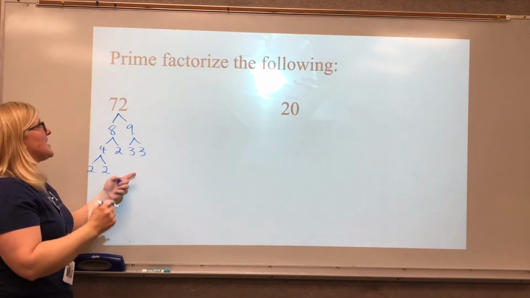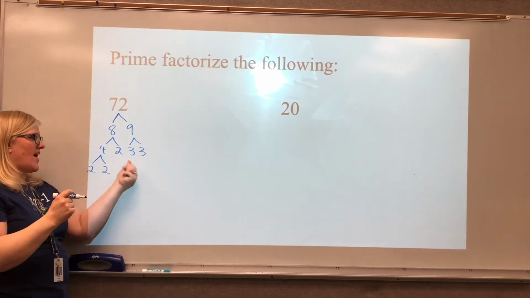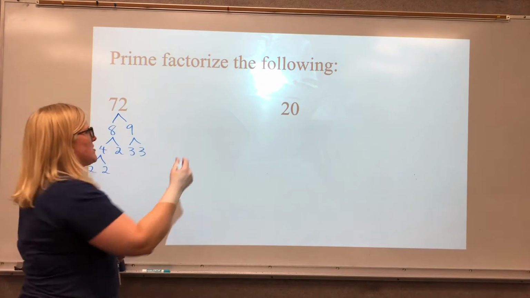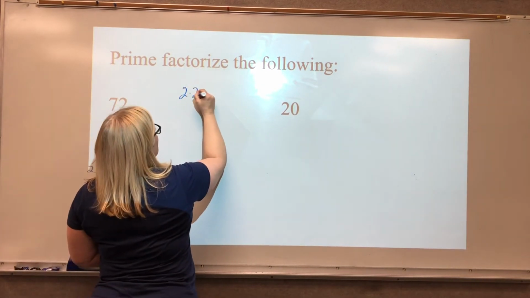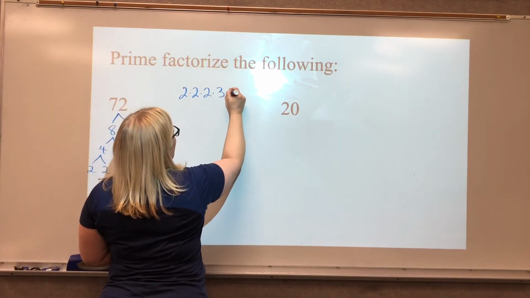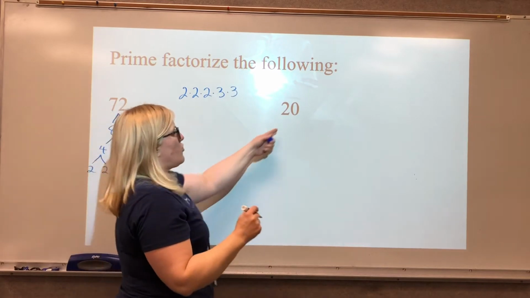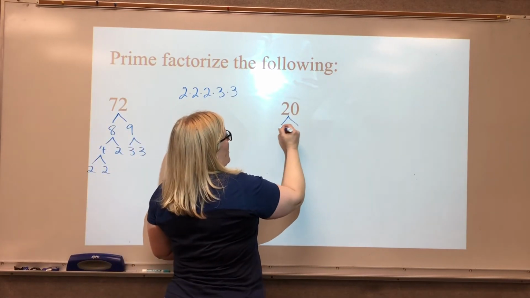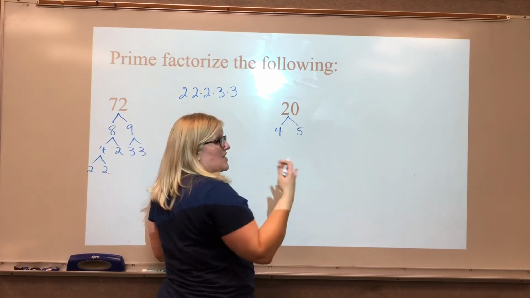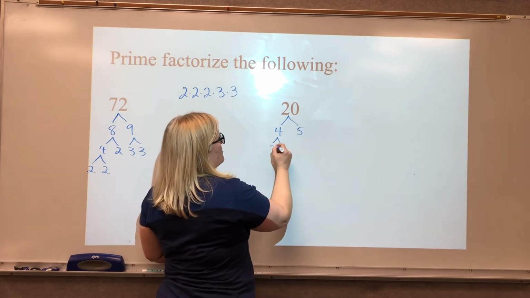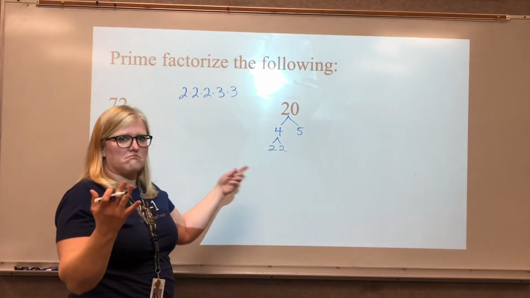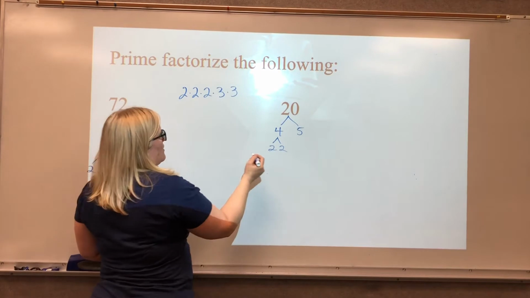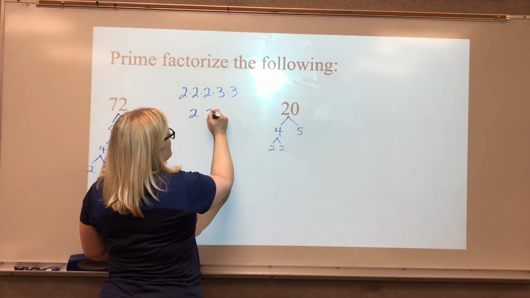So it's prime factorization because we've factored it all the way down to its prime numbers. So now I've got 2 times 2 times 2 times 3 times 3. Okay, 20, I've got 4 times 5, or 10 times 2. It doesn't matter. You'll get the same prime factorization. Okay, so I have 2 times 2 times 5.